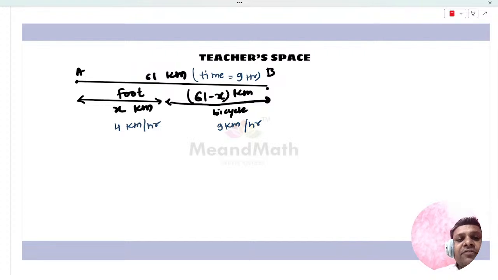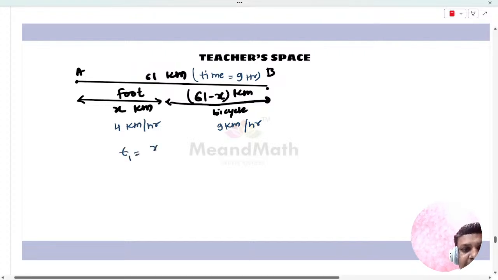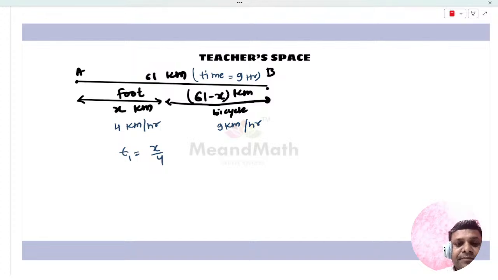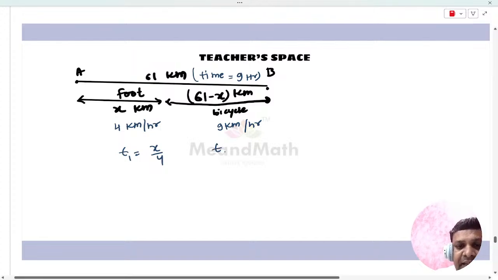तो हमें क्या फाइंड आउट करना है? पहले टाइम फाइंड आउट कर लेते हैं. तो t1 इज इक्वल टू x अपॉन 4. टाइम इज इक्वल टू डिस्टेंस अपॉन स्पीड. और साइकिल से कितना टाइम लगा? t2 इज 61 माइनस x अपॉन 9. So this is the time.